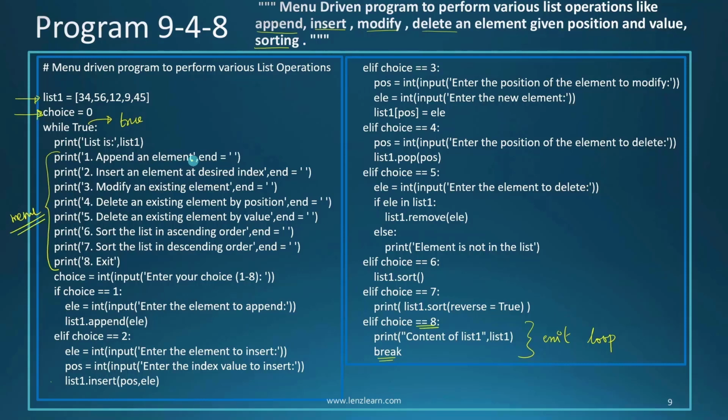Okay, 1 to append an element to the list, then 2 to insert an element at desired index, 3 to modify an element in the list, 4 to delete an element by position, now 5 to delete an existing element by value. Now 6 to sort element in ascending order, and if you select option 7, it will sort the available list in descending order. And you can see here 8 we have reserved for exiting our program.